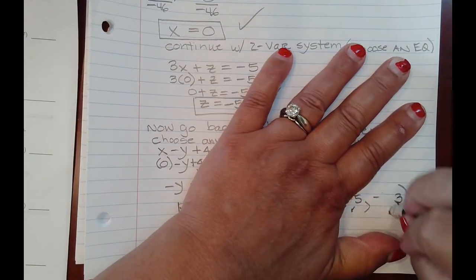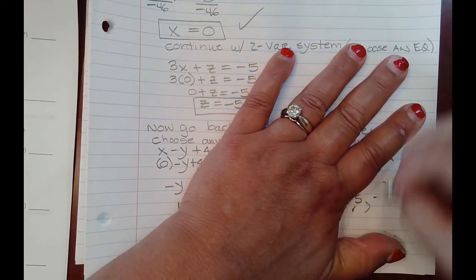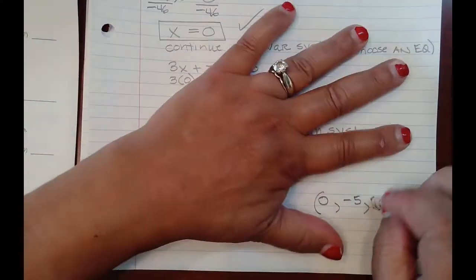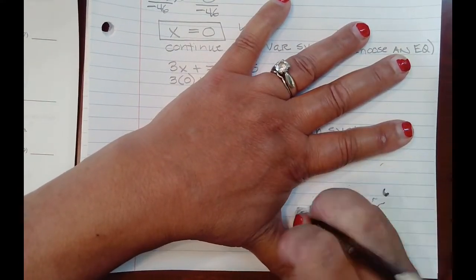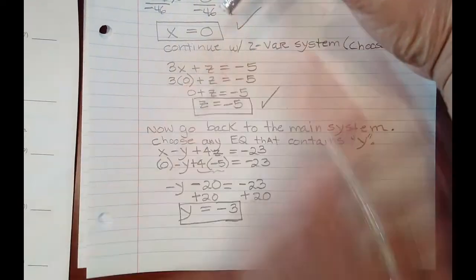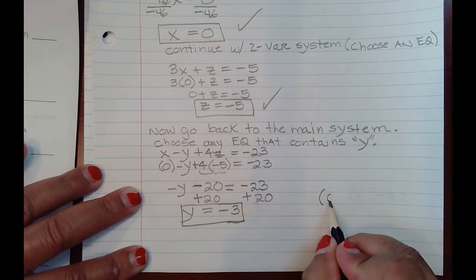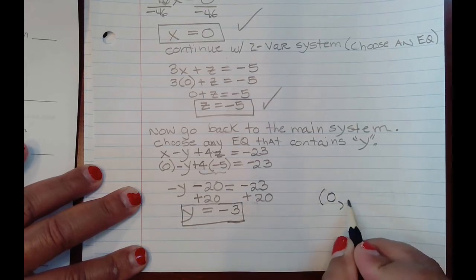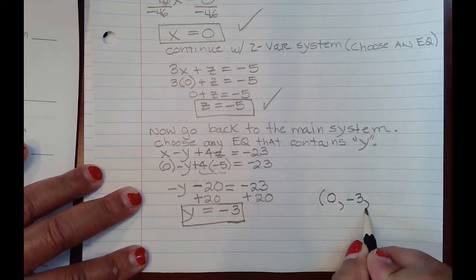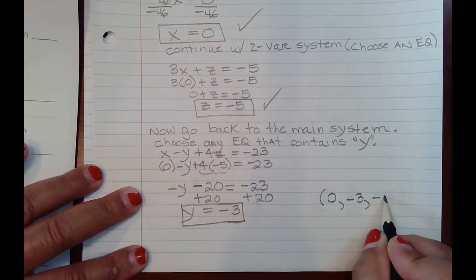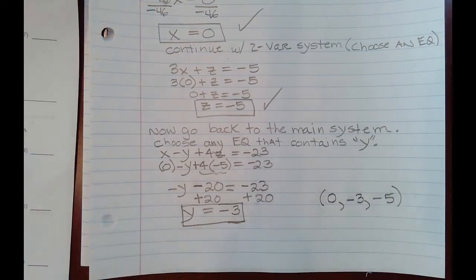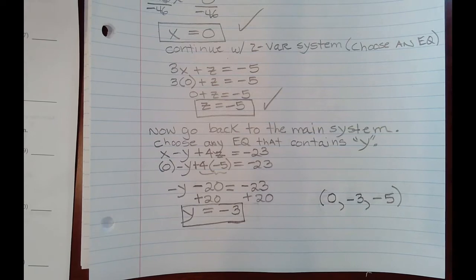Okay, so that is the y value. Do a double mess up here. Okay, so x turns out to be 0, y turns out to be negative 3, and z turns out to be negative 5. Okay, I think I got that right.